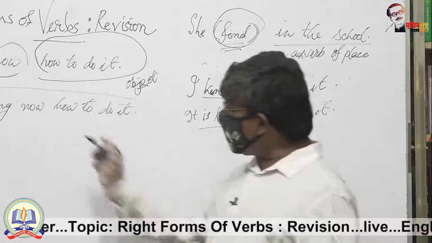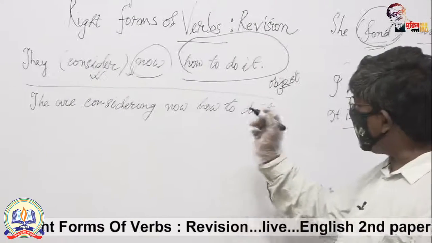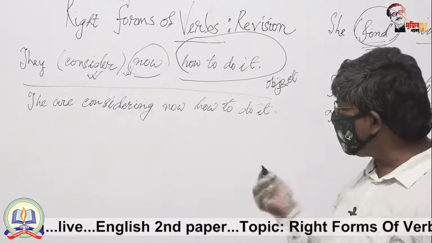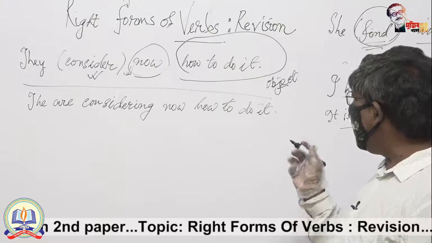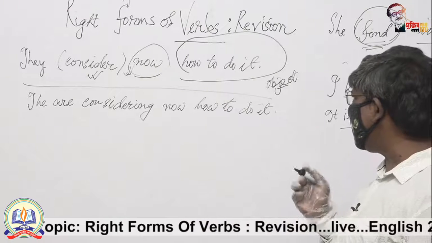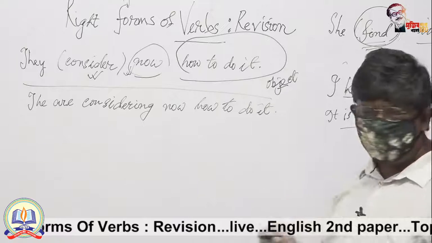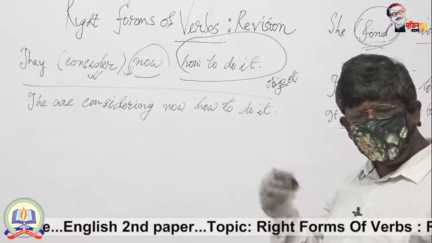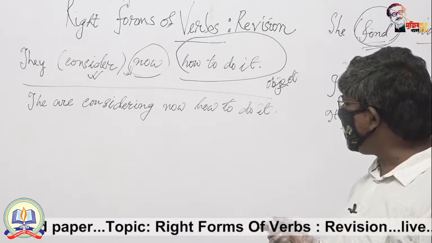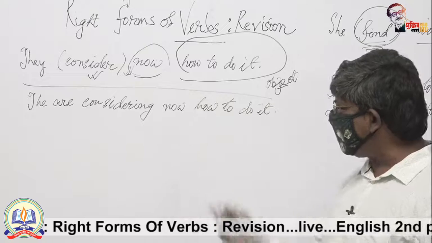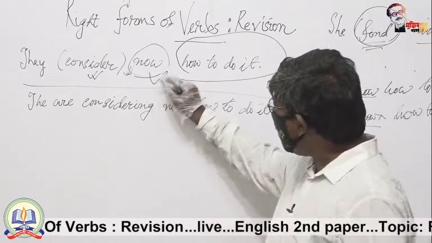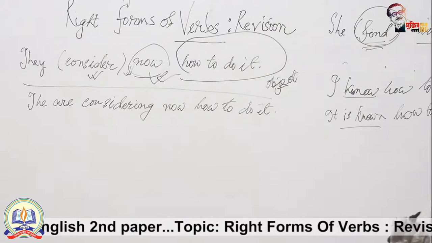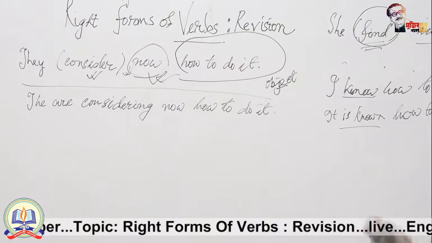Similarly, consider can be used. It is considered by them. If you want to use the verb in the passive form, it is considered by them. Now how to, it is being considered by them. Now how to do it. But you do not need to use the verb in the passive form, because how to do it is the direct object of the verb consider, and for the presence of now, you should express the verb in the present continuous tense.